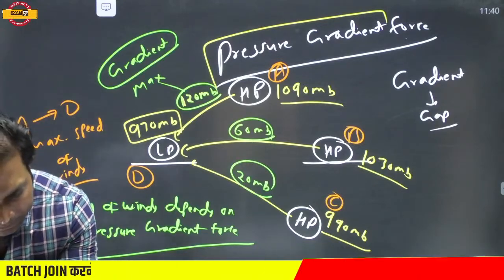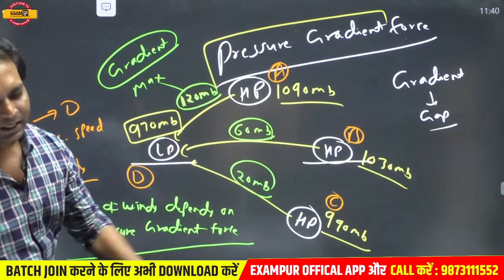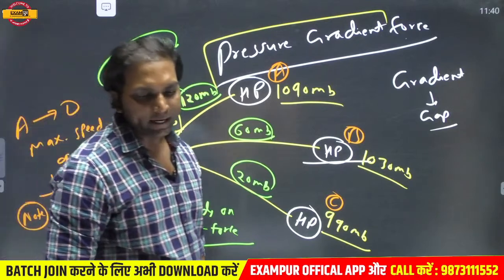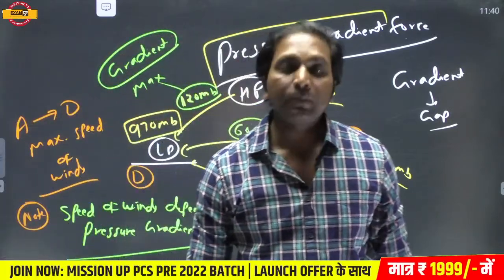Is it clear? And also you can write down the velocity of wind is directly proportional to the pressure gradient force.